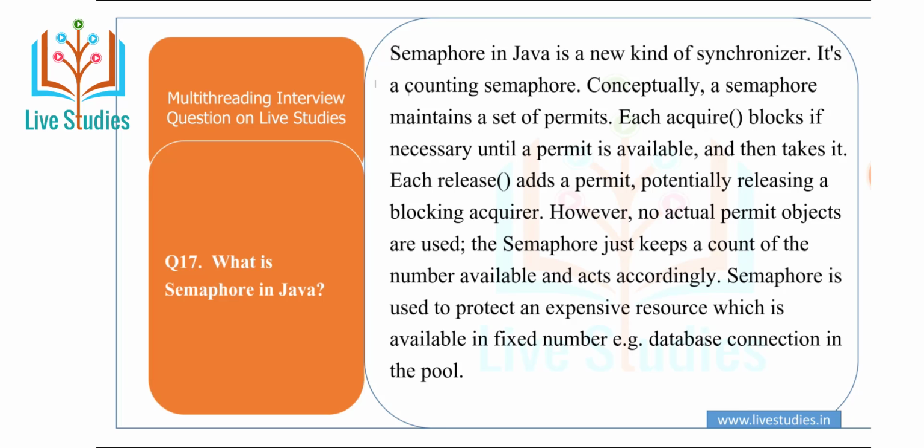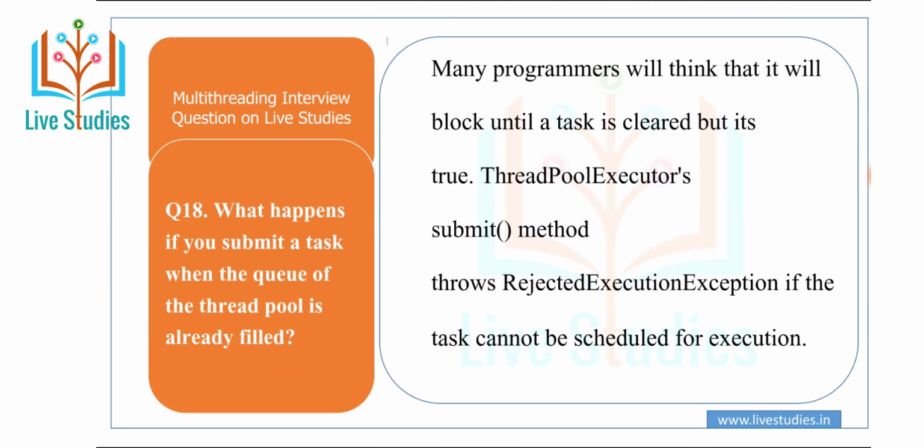Each release adds a permit, potentially releasing a blocking acquirer. However, no actual permit objects are used. The semaphore just keeps a count of the number available and acts accordingly. Semaphore is used to protect an expensive resource which is available in a fixed number, for example, database connections in a pool.